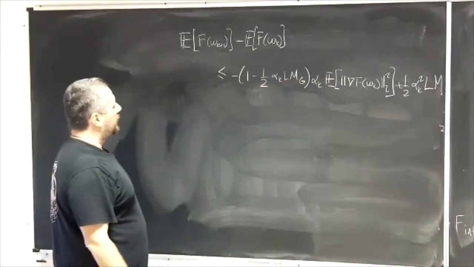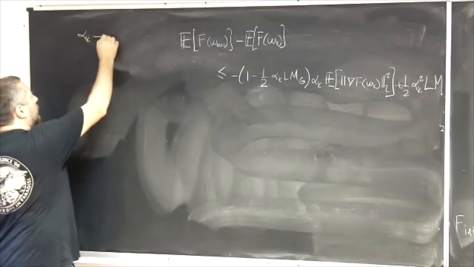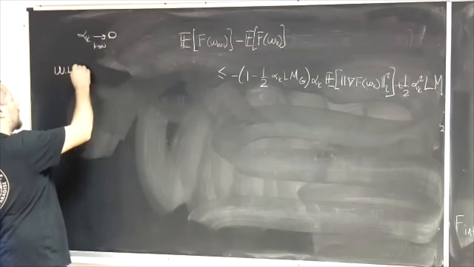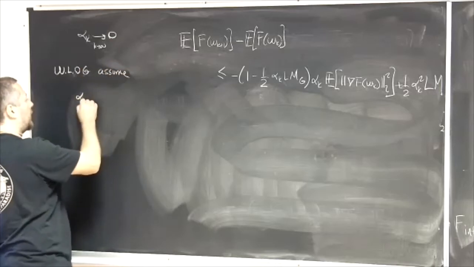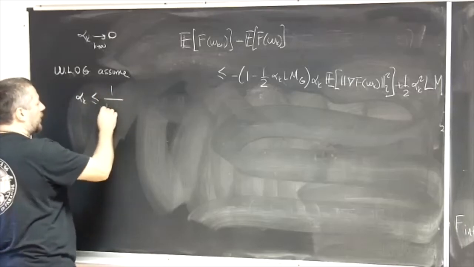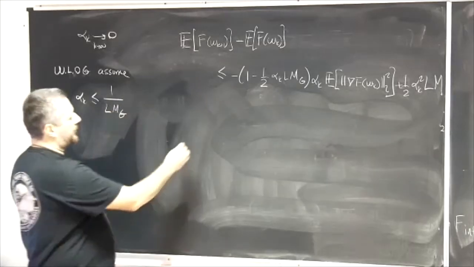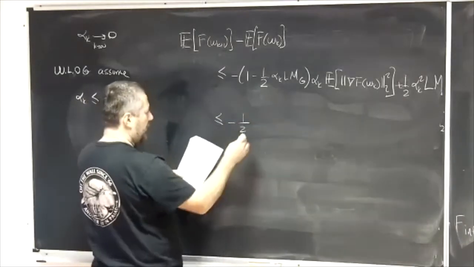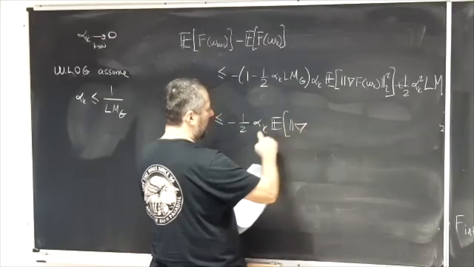Since alpha k goes to 0 as k goes to infinity, without loss of generality we are going to assume that alpha k is smaller than or equal to 1 over L M_G. We can assume that. So this is smaller than or equal to the same expression as before, but with alpha k instead of alpha.